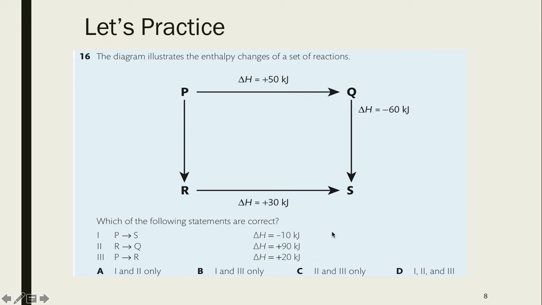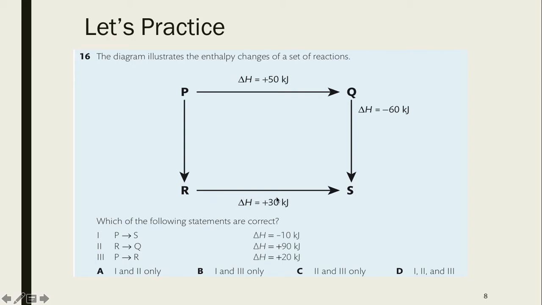Then it says R to Q is positive 90. Well, again, we can't go up from R because we don't know what P to R is yet. But if we go R to Q, let's follow the arrows.